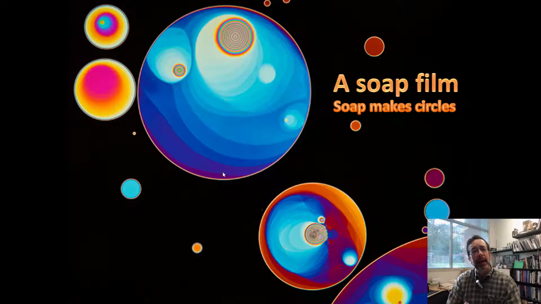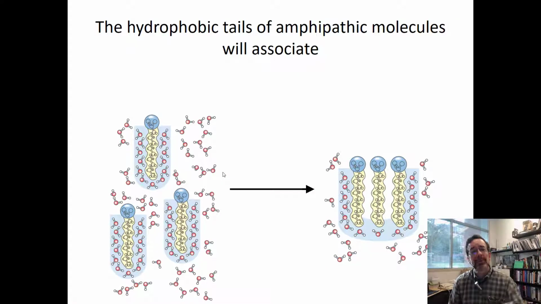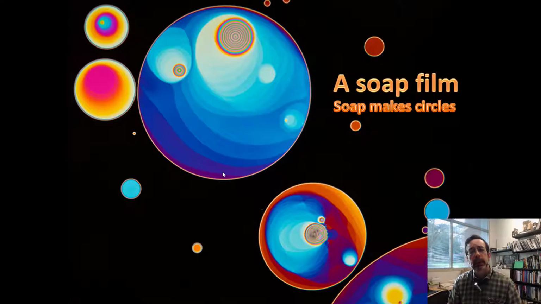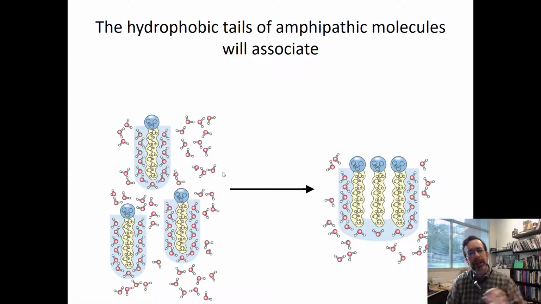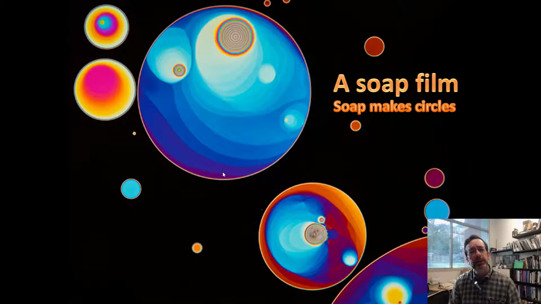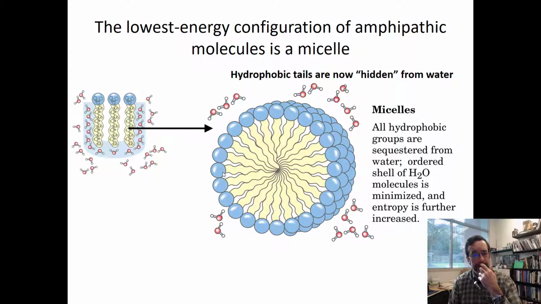Soap is an amphiphilic molecule like this fatty acid molecule that we have right here. It's amphipathic. And the soap will actually join together in circles. How can we understand that? If we take this and we extend it, then we can understand why soap molecules form circles.